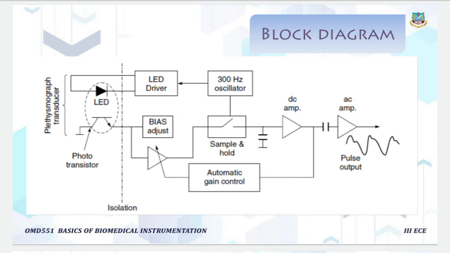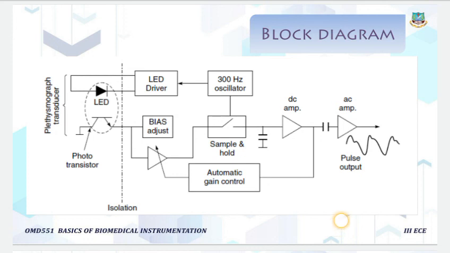The signal from the photocell is amplified and filtered, and the time interval between two successive pulses is measured using this device.